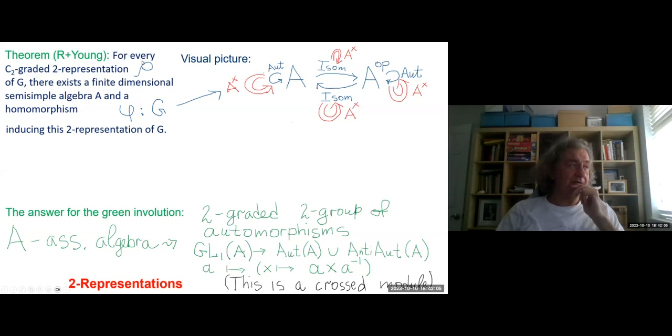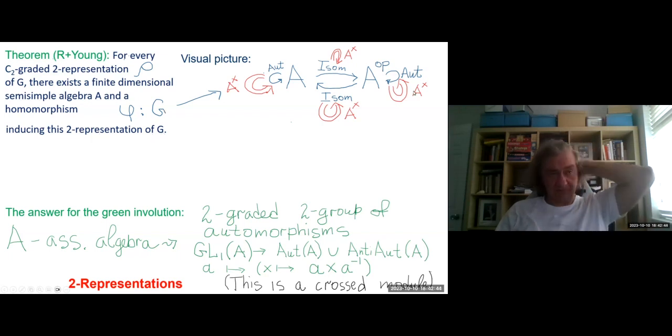That for every C2 graded two representation rho of G, a two representation with the corresponding convolution I've written, yeah, so it's one of the 8 possible convolutions, there exists a finite dimensional semi-simple algebra A and a homomorphism from G to this two-group, inducing this two representation.